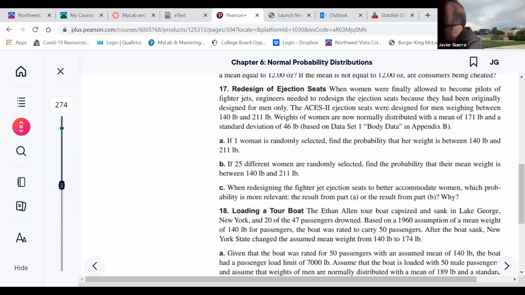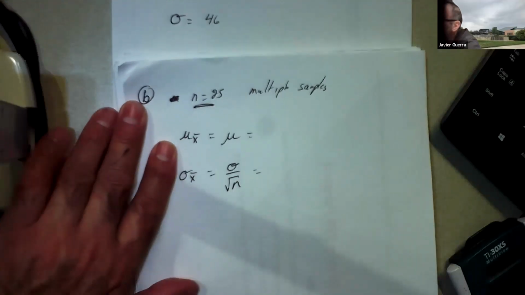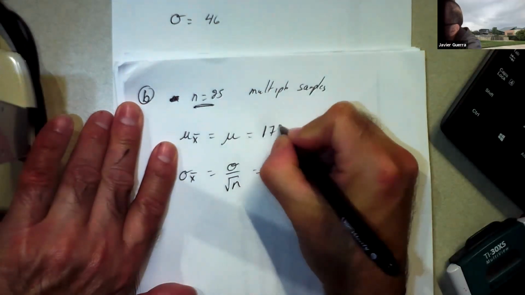My mu X bar is my mu, my mean. My standard deviation is sigma over the square root of N. What was my original mean? My original mean was 171.